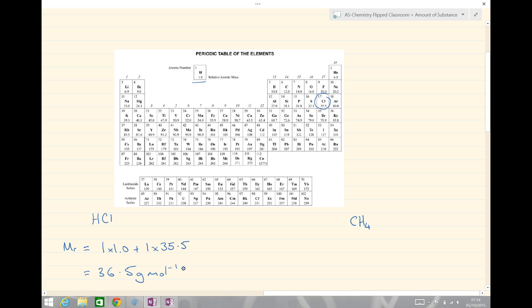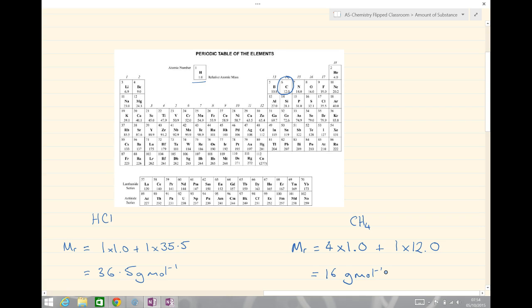And this time for methane, CH4, we will see that we have the Mr of 4 lots of hydrogens, which is 1.0, and our carbon this time we have 1 carbon atom, which is 12.0, so our Mr here is 16 grams per mole.